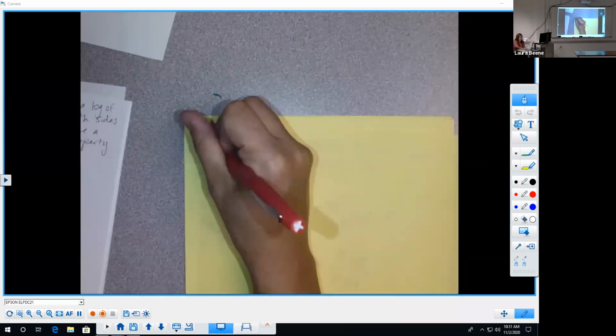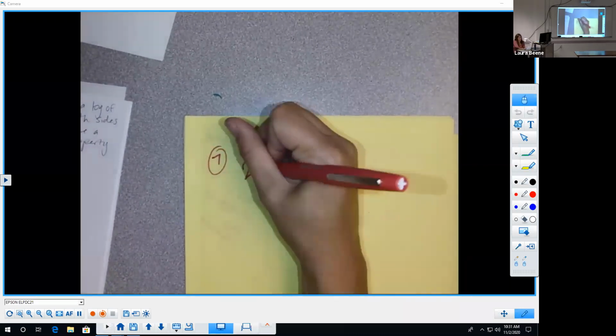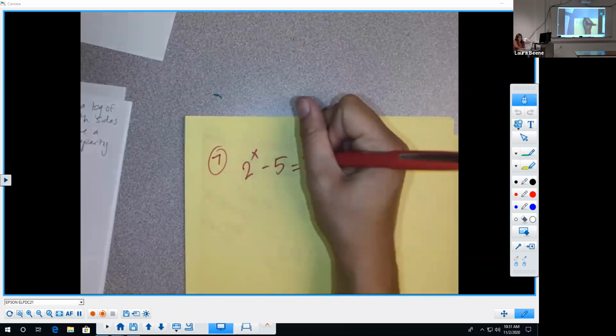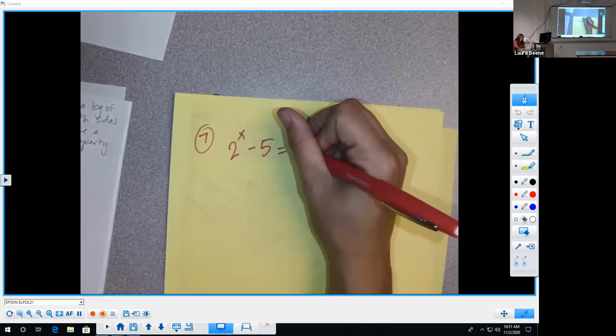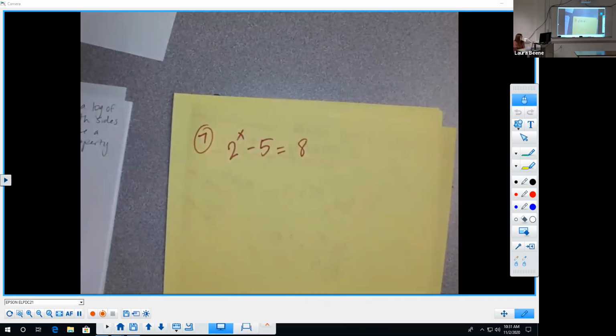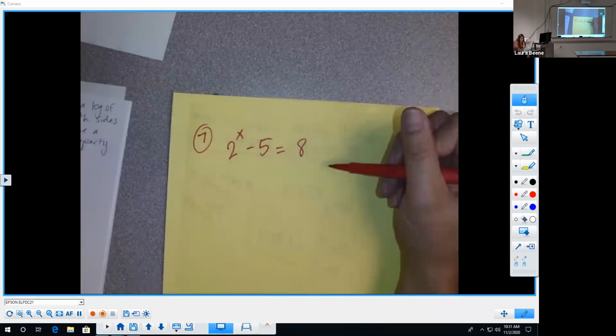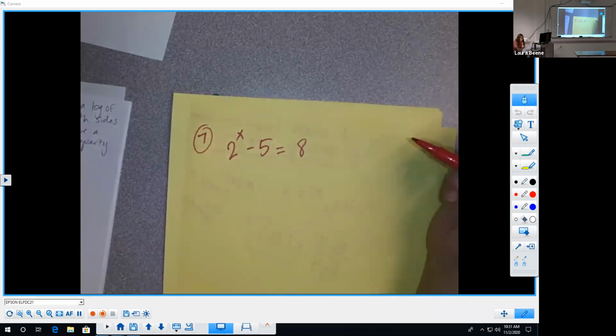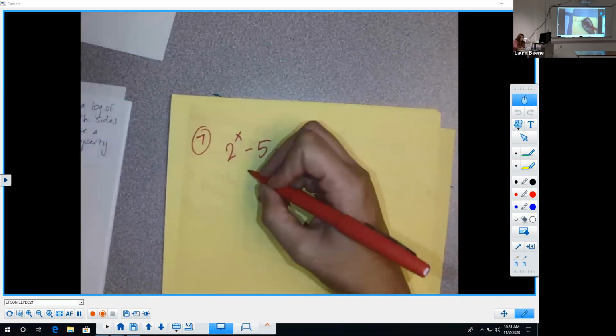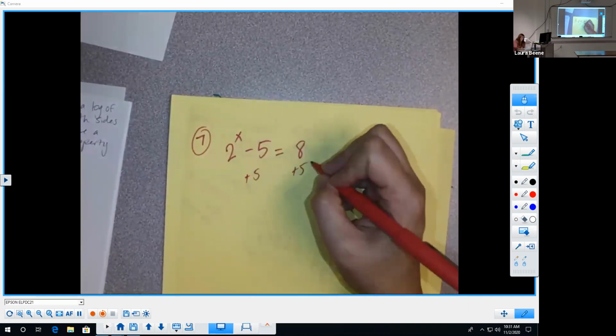What about if I have the problem 2 to the x minus 5 equals 8? Before I can change forms, it has to be some base to some exponent equals some number. So I need to move this 5 over. I'm going to add 5 to both sides first.